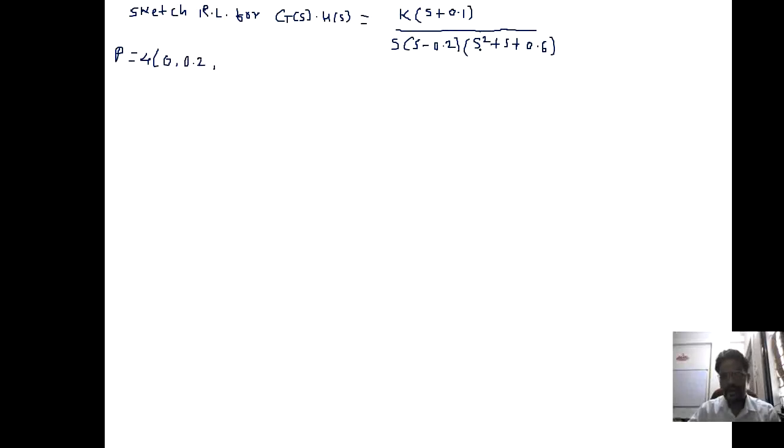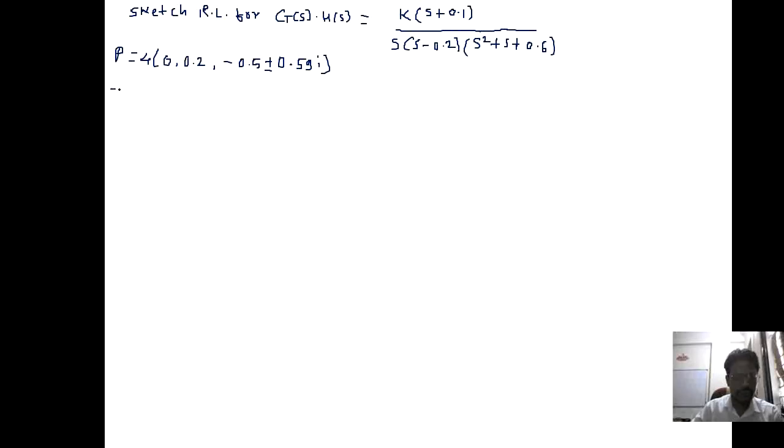Then for this quadratic equation, s square plus s plus 0.6, calculate it on a calculator and you will get two values of s: minus 0.5 plus minus 0.59 i. So one value is minus 0.5 plus 0.59 i and the second value is minus 0.5 minus 0.59 i.